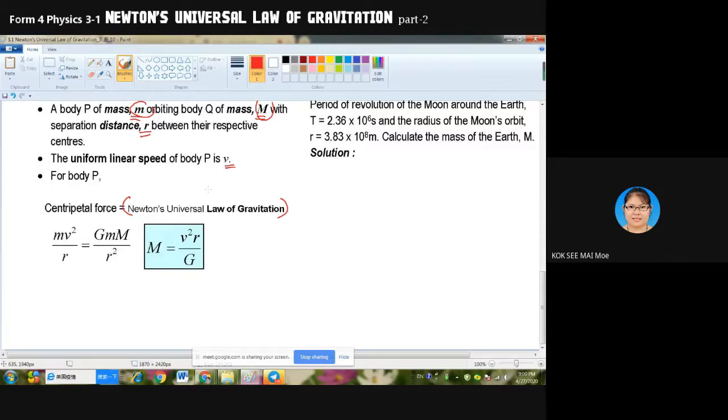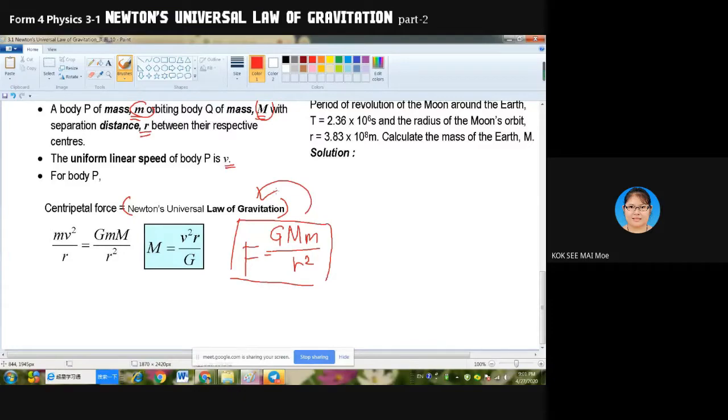That one has the first formula: F equals G, capital M, small m, over R squared. This is the first page we learned.